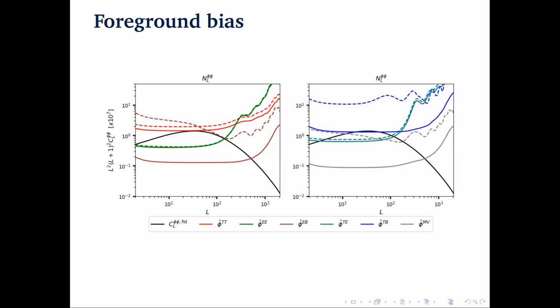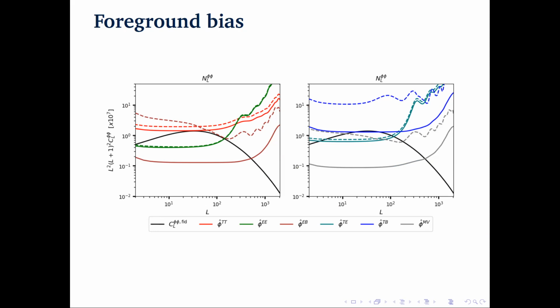Okay, so here I show again the reconstruction noise, but this is when I add the foreground to the simulated maps. Here you can see that this reconstruction noise drastically changed for some estimators, but for some estimators it doesn't change much.